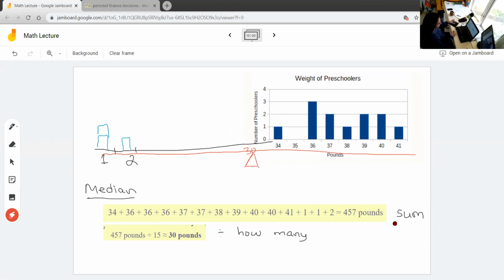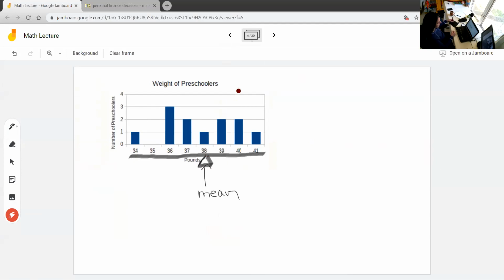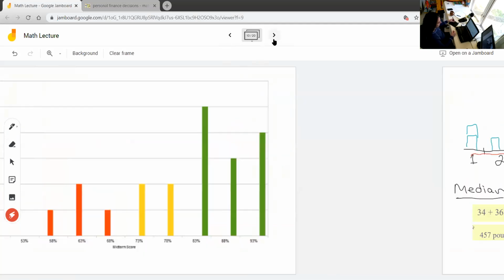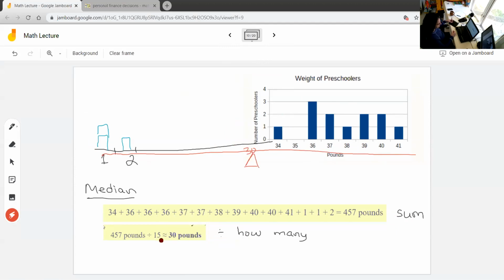The sum got bigger by just a tiny amount compared to this other one. But when we divide by how many, we divided by 15 instead of 12. And that made this number get much smaller. So we shouldn't treat these as if they were as important as the preschoolers.